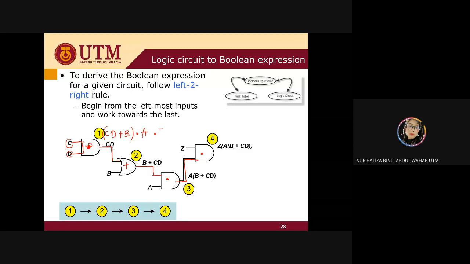We dot with Z. So this is how you're going to come out with your Boolean expression. And then you organize it to be very nice. You can also have A, Z, like this, B plus C, D.